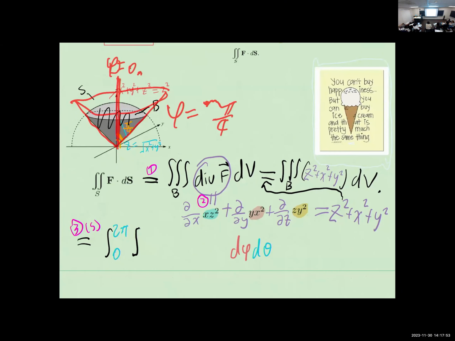So phi ranges from 0 to pi over 4, d phi. That's perhaps the most important part, the most difficult part in this problem. And also it'll be the most difficult part in your quiz. So make sure you know how to do that. Make sure you understand this.